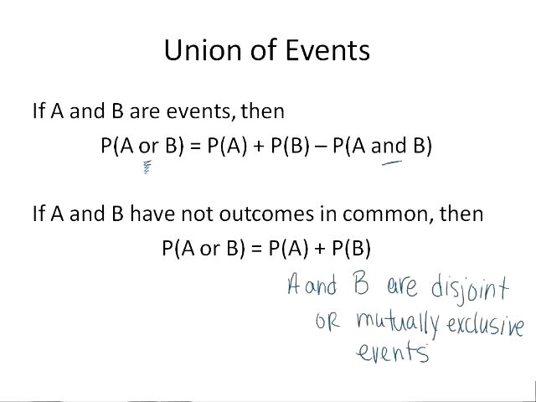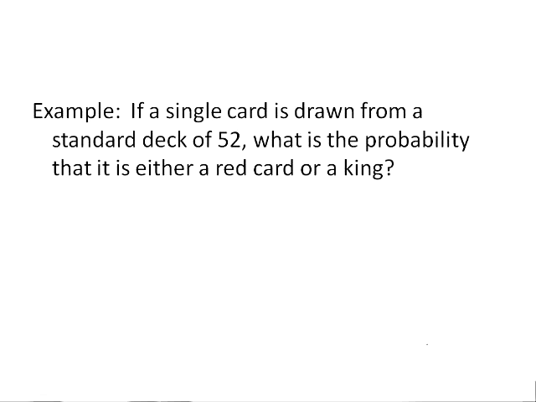Now we are going to look at an example of each one of these types. The first example, a single card is drawn from a standard deck of 52. All right, what is the probability that it is either a red card or a king?